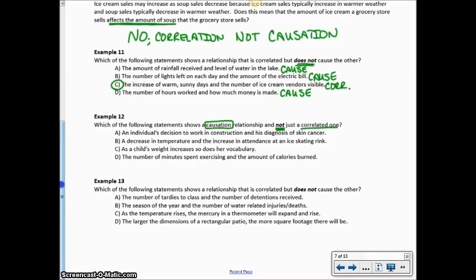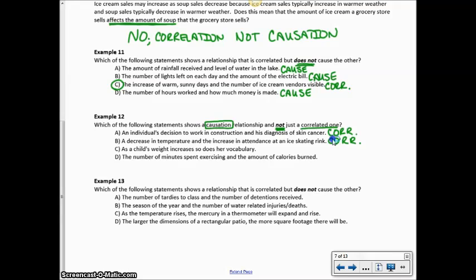He is more likely to get it, but it doesn't cause him. So this is correlated. Remember, we're looking for a causation, so that's not an answer. B says the decrease in temperature and the increase in attendance at the ice skating rink. It might make people want to go ice skating more because it's getting colder outside, but does it force people to go ice skating? The answer would be no, this is a correlation. So that's not our answer.